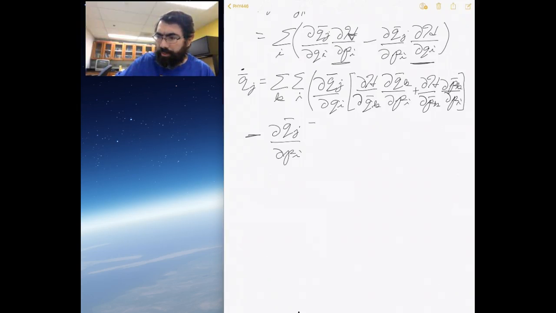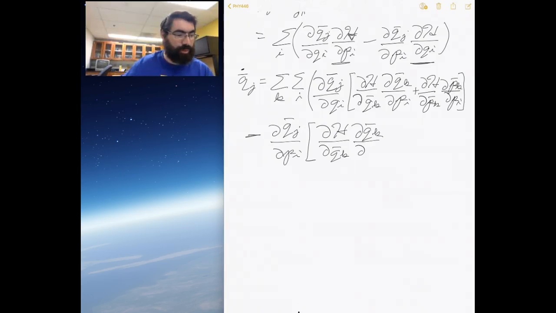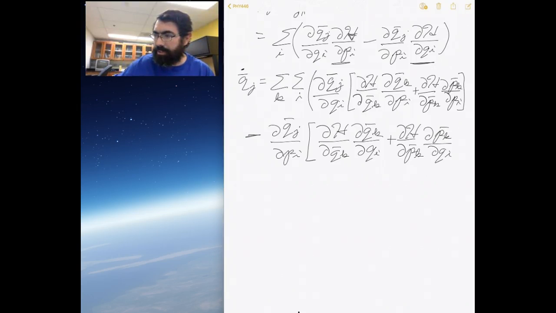And now I'll put in the results for that derivative of the Hamiltonian with respect to q, and I get the Hamiltonian with respect to q bar sub k, the derivative of q bar sub k with respect to position qi, plus the derivative of the Hamiltonian with respect to the momentum bar, and the derivative of the momentum barred with respect to position q.